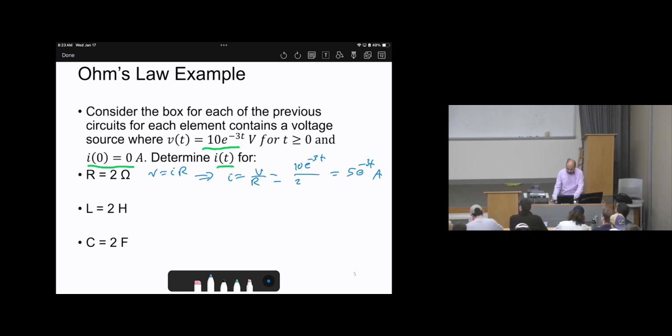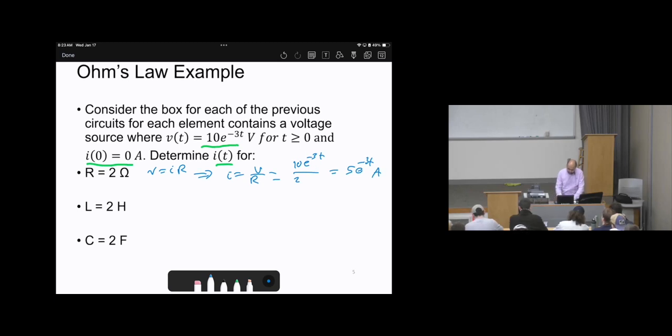How about the inductance? We know V equal L di by dt. My target is to calculate the current. How to calculate the current? We can do the integral formula, which is I of t will be 1 over L, the time integral from 0 to t, V of t dt plus I of 0.